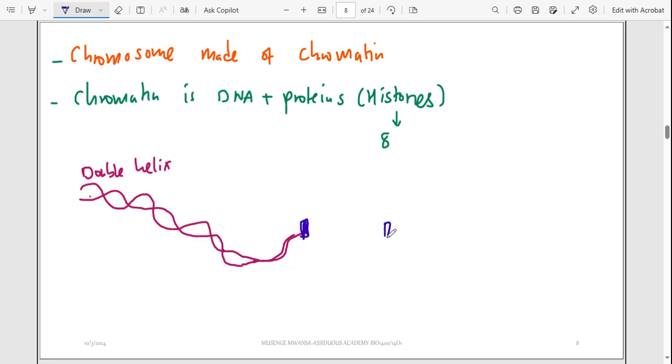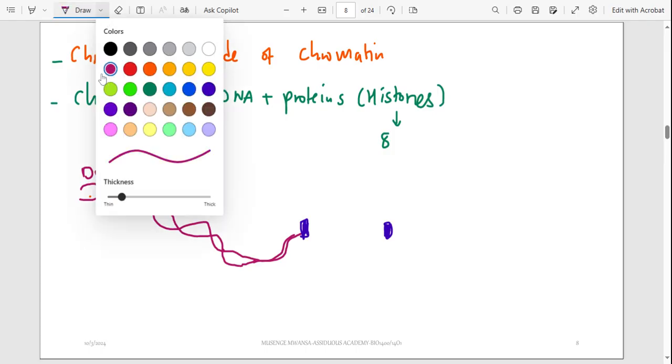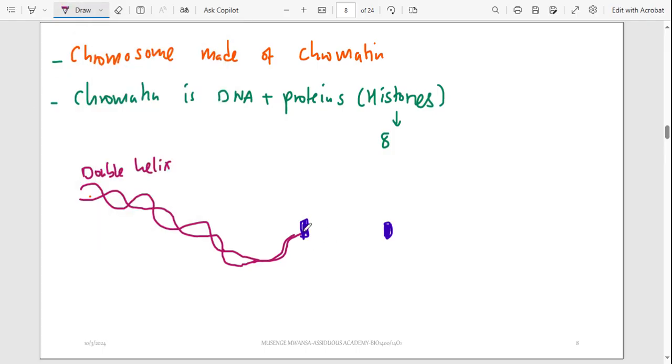I'll put another histone here. Okay, like that. So you are going to see it come and coil around the histone, and then this one also comes and coils around the histone, and they are going to continue coiling around the histones just like that, right? So we are calling these proteins histones.